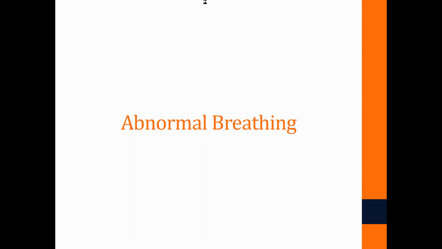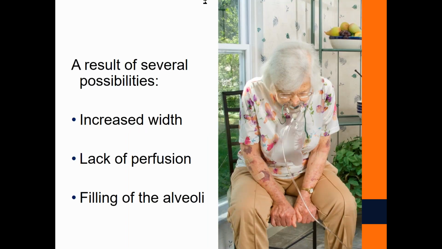Start to become confused. Yeah, we're going to start to lose our mental status. We're going to start having respiratory compromise, circulatory compromise. So these are all things that we can see and really hang our hat on the fact that our patient is having some abnormal respiratory problems causing their perfusion issue.